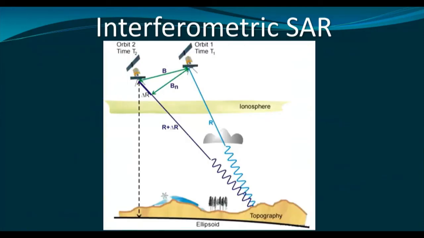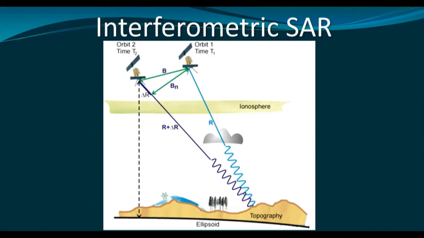In interferometric SAR, one satellite from two different locations or two satellites can be used to capture the imagery. As you can see in this picture, I have shown the same satellite, but from two different orbits, orbit 1 and orbit 2.